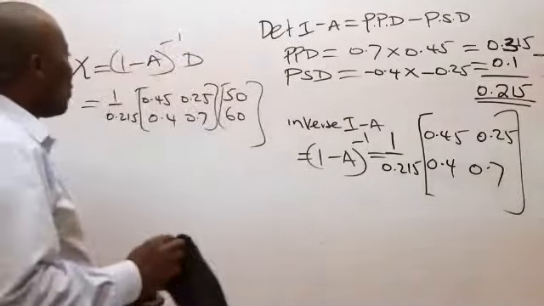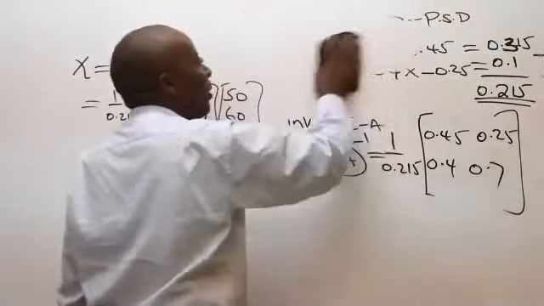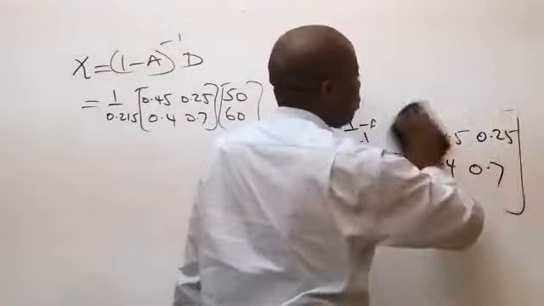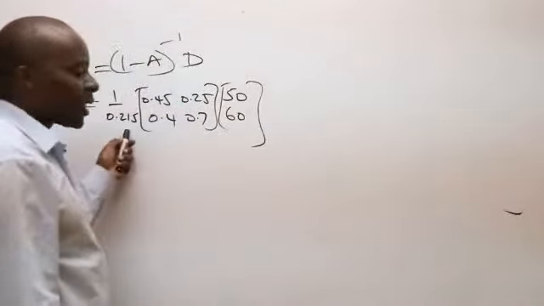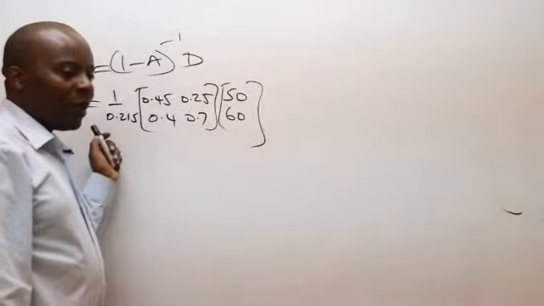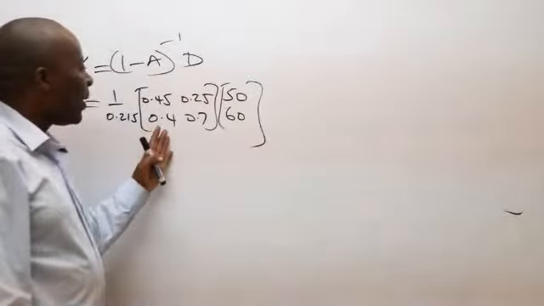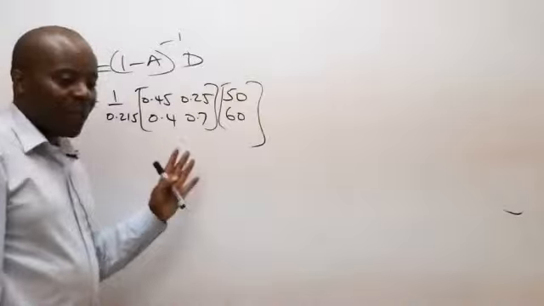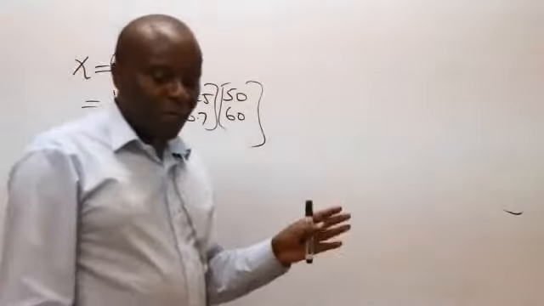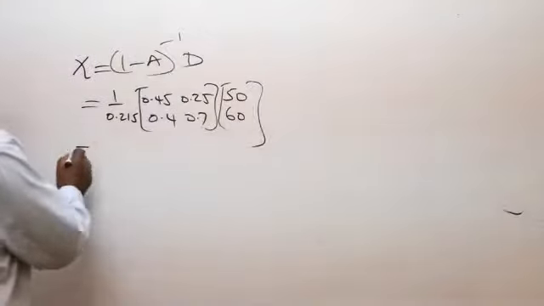Having gotten this correctly, the number we have outside here is called a scalar. So basically what you're supposed to do is multiply the matrices first. We give matrix multiplication priority, and the scalar will be left outside.